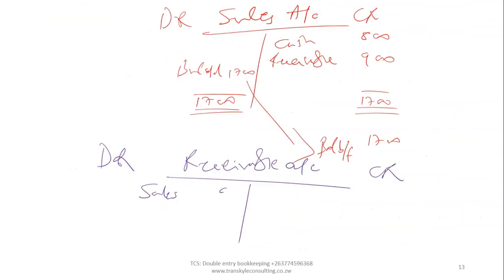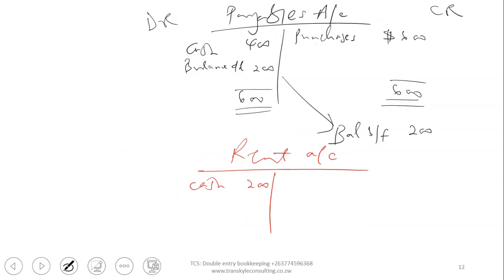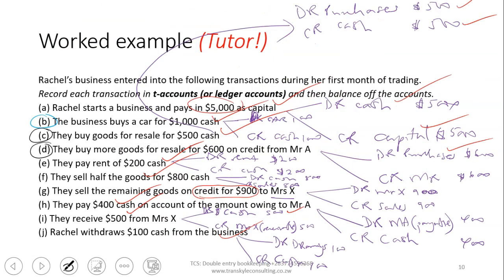So $900. All right, but Miss X paid us something. They received $500 from Miss X. So this is why we debited cash 500 and credited Miss X 500, because Miss X was reducing the receivable.